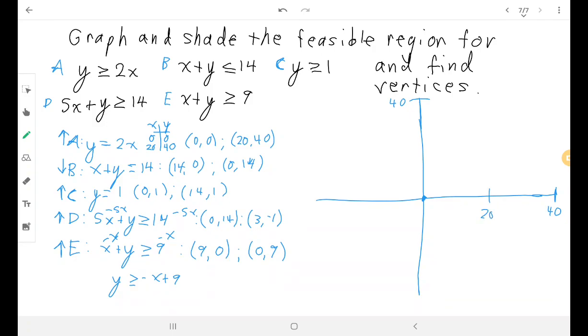And I should be able to find most other things at least somewhat easily. So 20, 40 is up here. So there's A, right? And A is going to shade up. We'll keep that in mind.